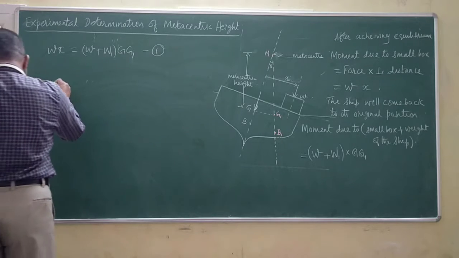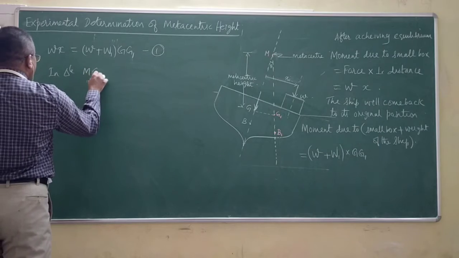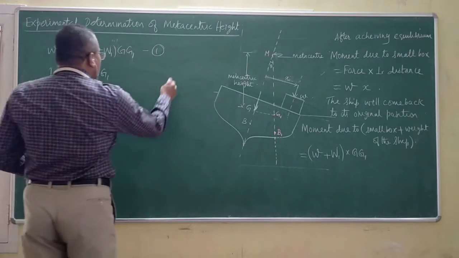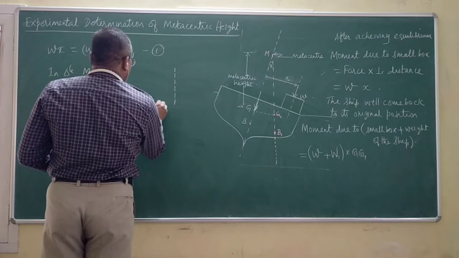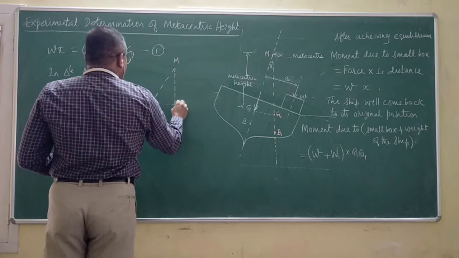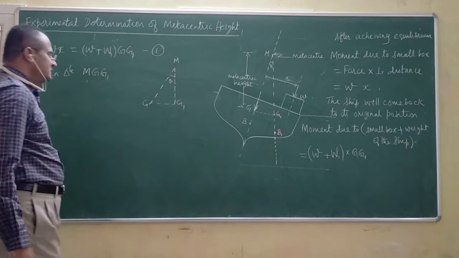Let us go to triangle MGG1, you can see MGG1. If you are not able to see that, I am drawing it separately for you. This is M, this is G1, this is G, this angle is theta.